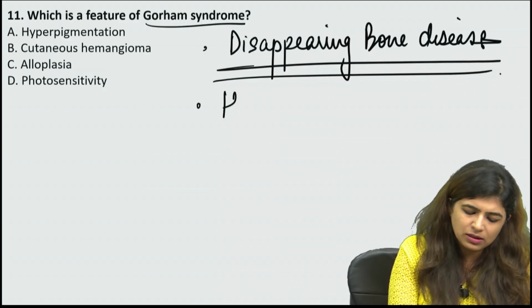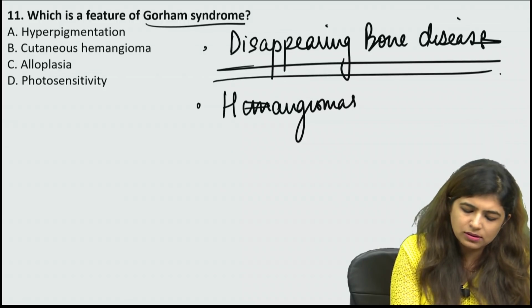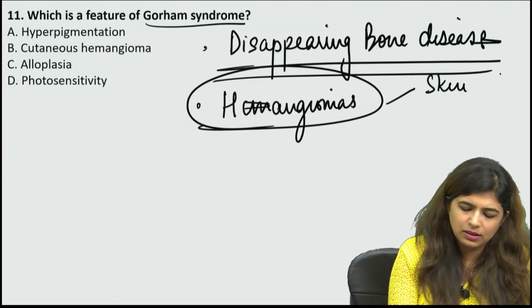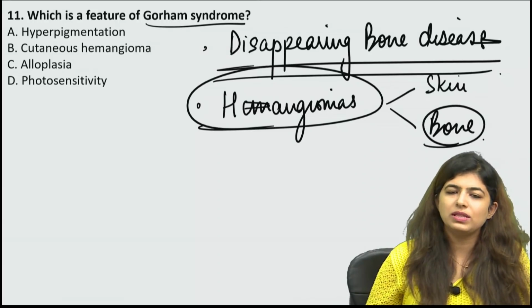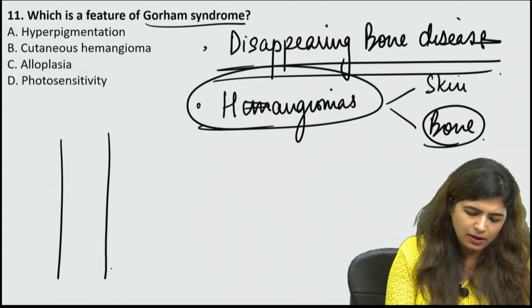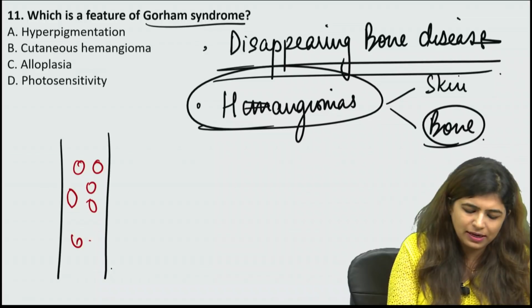What happens here is you have multiple hemangiomas. These hemangiomas are present on the skin as well as in the bone. So what happens when these hemangiomas are present in the bone? Suppose this is my bone and I have a lot of hemangiomas inside it.